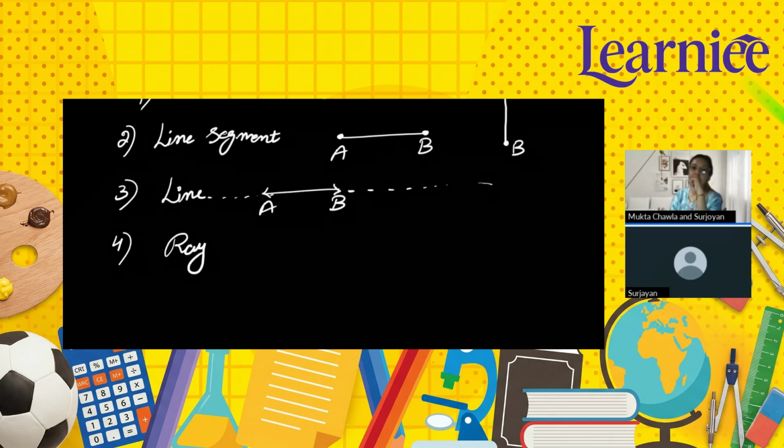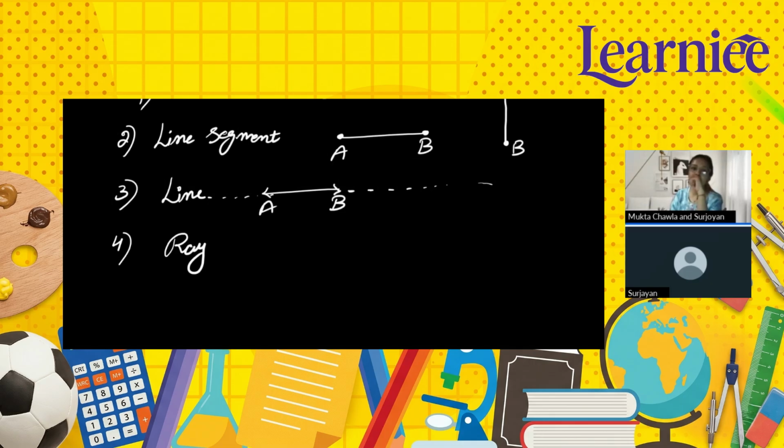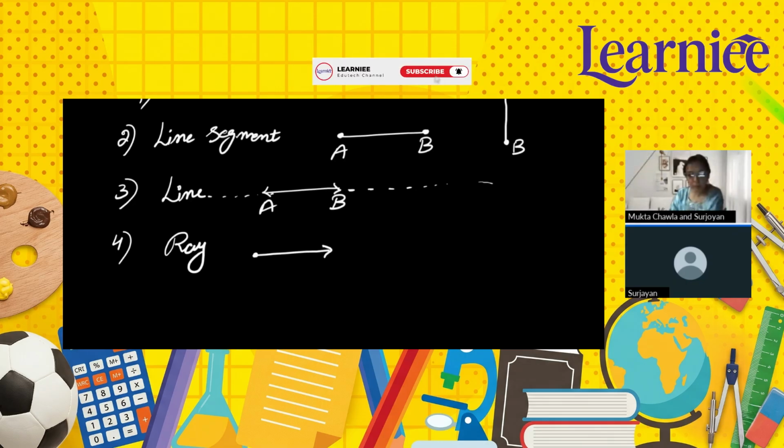So it's a combination of line and line segment, having both an arrow and a dot. Wait, there are two types of ray though. Can you explain what they are?